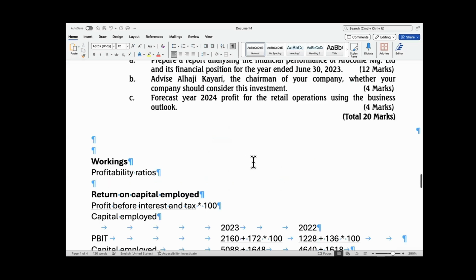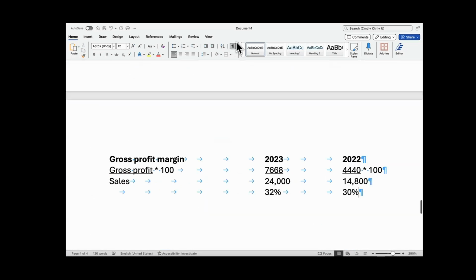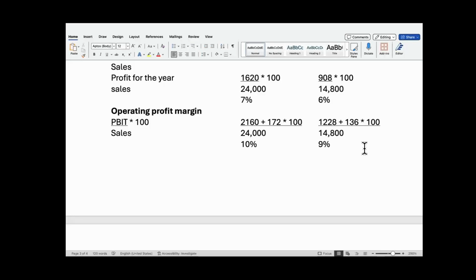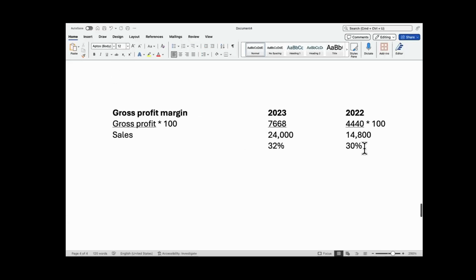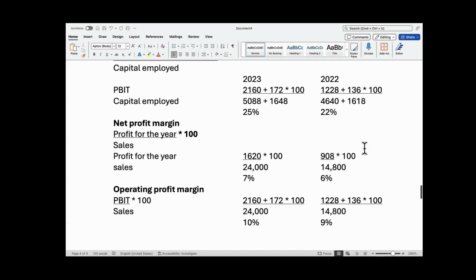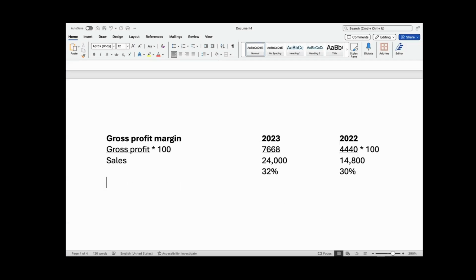For your exam, you can just compute these four. You are fine. But aside from these, do you know any other profitability ratios?